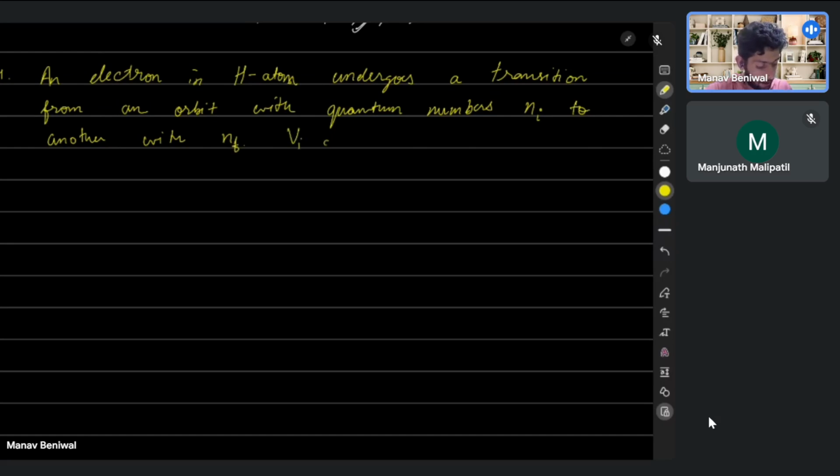So Vi and Vf are the initial and final potential energies.